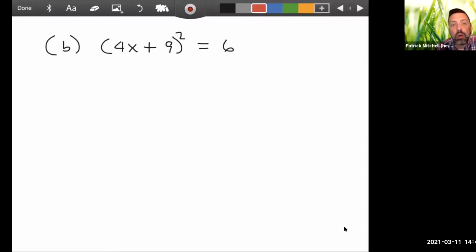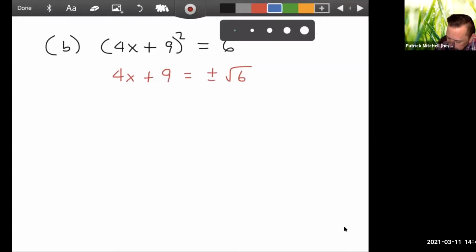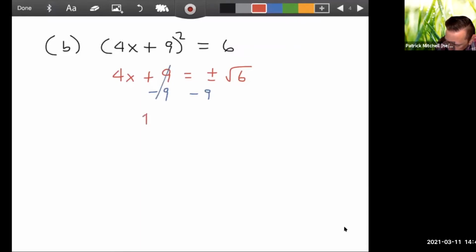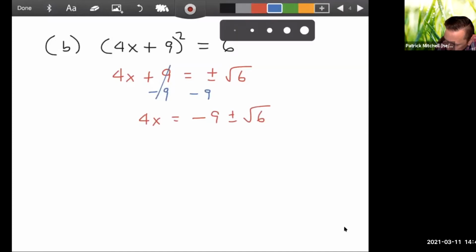All right, so if the square of 4x plus 9 equals 6, that must mean that 4x plus 9 is either the positive or negative square root of 6. So now we have to solve this equation for x. First thing I'll do is subtract 9 from both sides. And that is going to give me 4x equals negative 9 plus or minus the square root of 6.